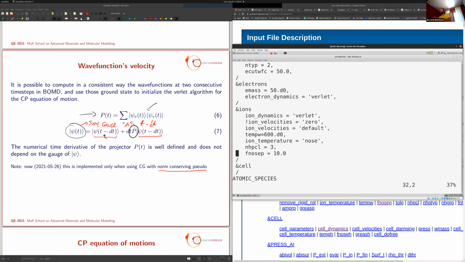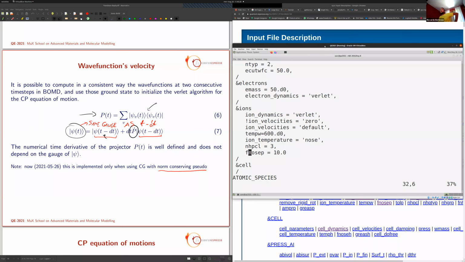This is a frequency in terahertz that has to overlap in a good way with your system to enable a faster exchange of energy between the thermostat degrees of freedom and the ionic degrees of freedom. But it's really technical, this one. It's better to do some trial and error and see what happens after reading a little bit of theory, of course, so you know more or less what you're doing.